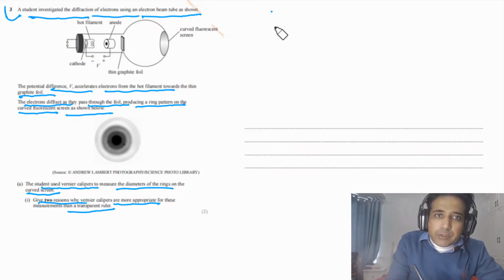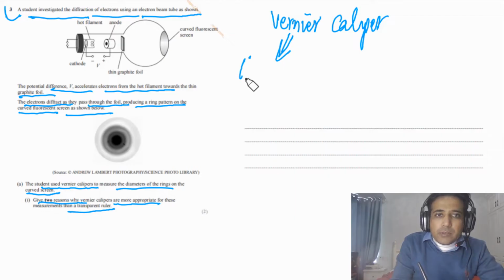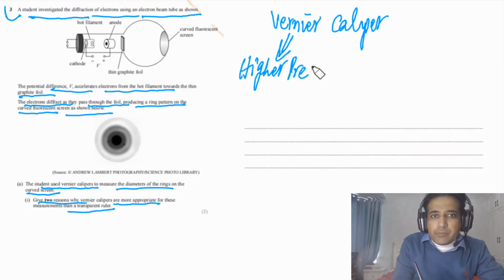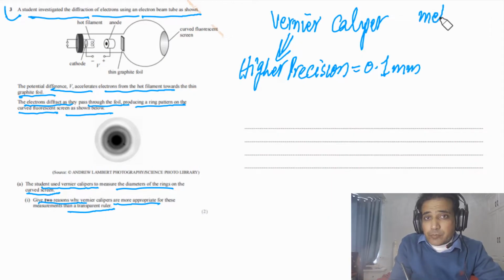The first thing you can simply say is that vernier calipers have higher precision, because the precision of a vernier caliper is 0.1 mm, and the precision of a meter rule is 1 mm.